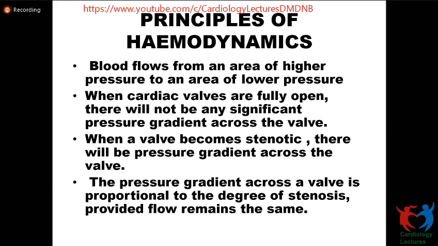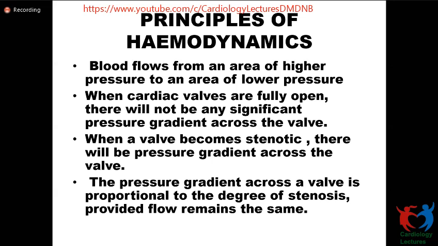Due to some disease process, if the LV end-diastolic pressure goes up to 10, 12, 13, 14, 15, then if the blood is to flow from the left atrium to the left ventricle, correspondingly left atrial pressure should go up.